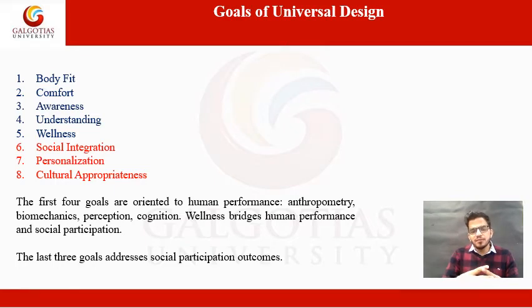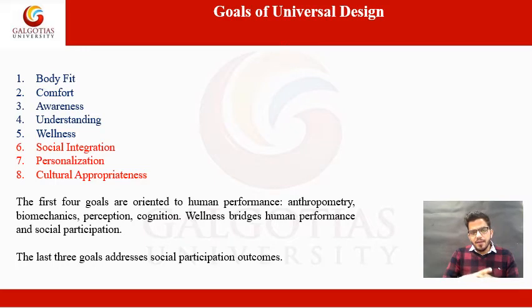For example, social participation: how a particular area, space, or product can be socially interactive or can be used for social participation outcomes. So the sixth important goal for universal design is social integration, and then personalization, and finally cultural appropriateness.